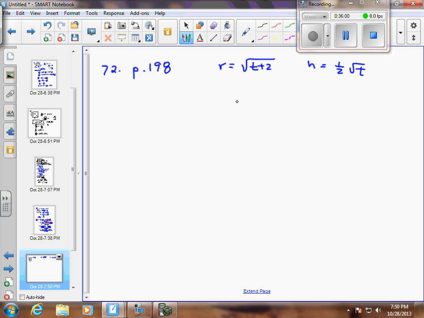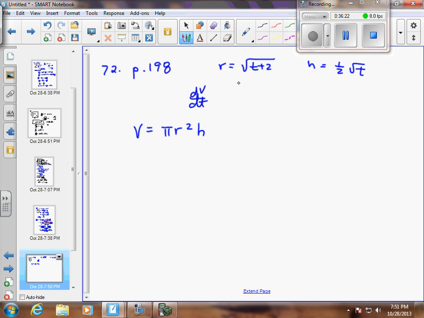Find the rate of change of the volume with respect to time. Well, a right circular cylinder, that is a drink can. The volume is pi r squared times h.